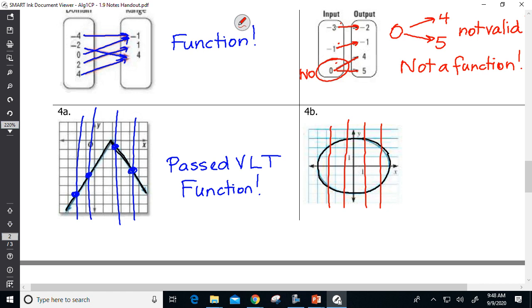So you should see the very first vertical line I drew failed. Cut it there, and cut it there. That's a violation. It failed the vertical line test. So it's not a function.